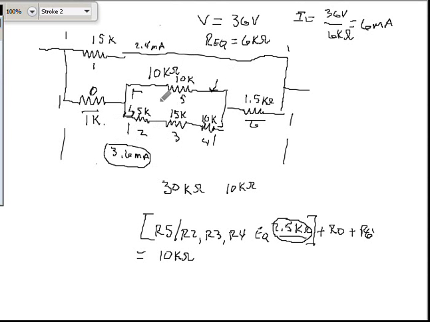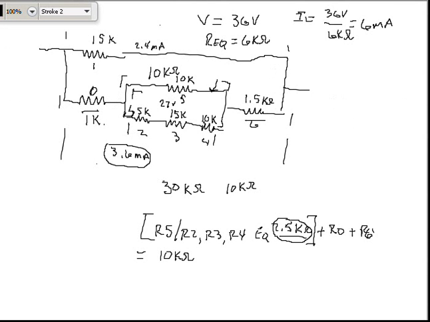So there's going to be a 27 volt drop across this section here, leaving 9 volts across the 1.5k and the 1k.